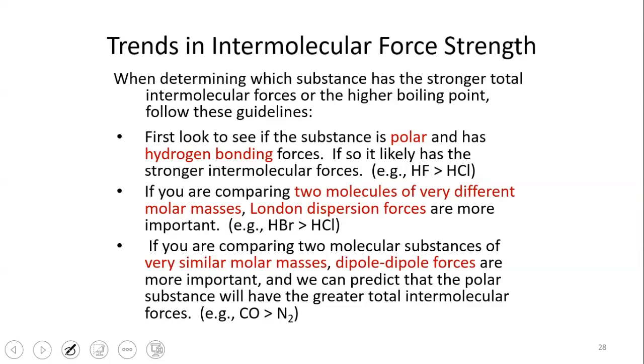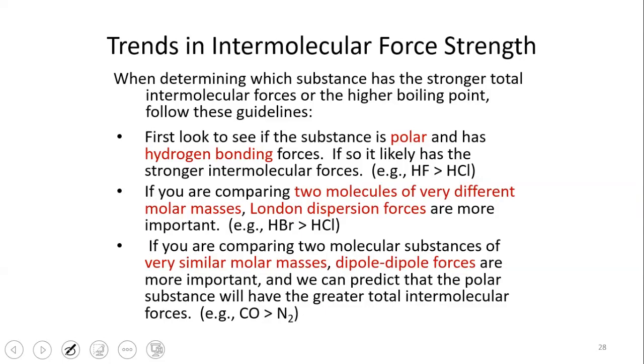However, HBr has the higher boiling point, which indicates that it must have stronger intermolecular attraction forces. And since the only difference between these two is the London dispersion forces, that must be due to the bigger size of the bromine atom.